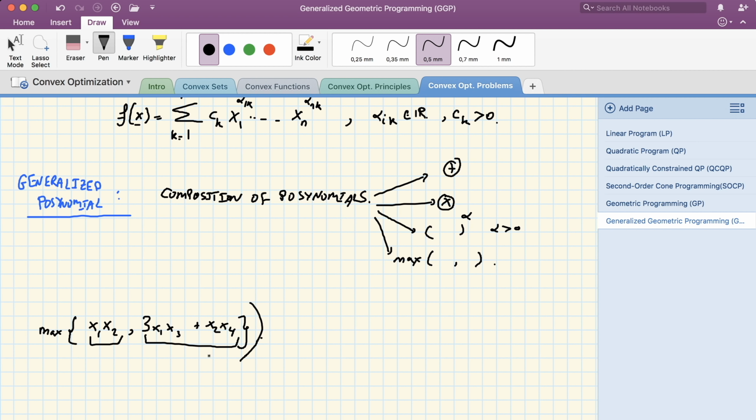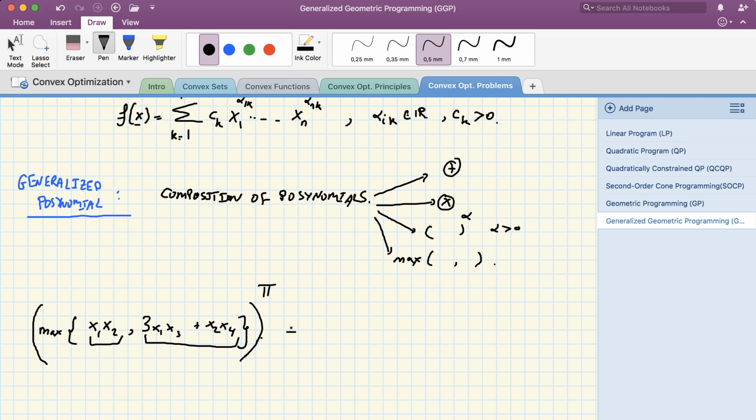Also, you can grab all this, raise it to the power of something that is positive, let's say pi. This is also a generalized polynomial. So any further operations on those simpler operations is also a generalized polynomial. So that being said, generalized polynomials are closed under addition, multiplication, exponentiation, and maximum of simpler generalized polynomials.